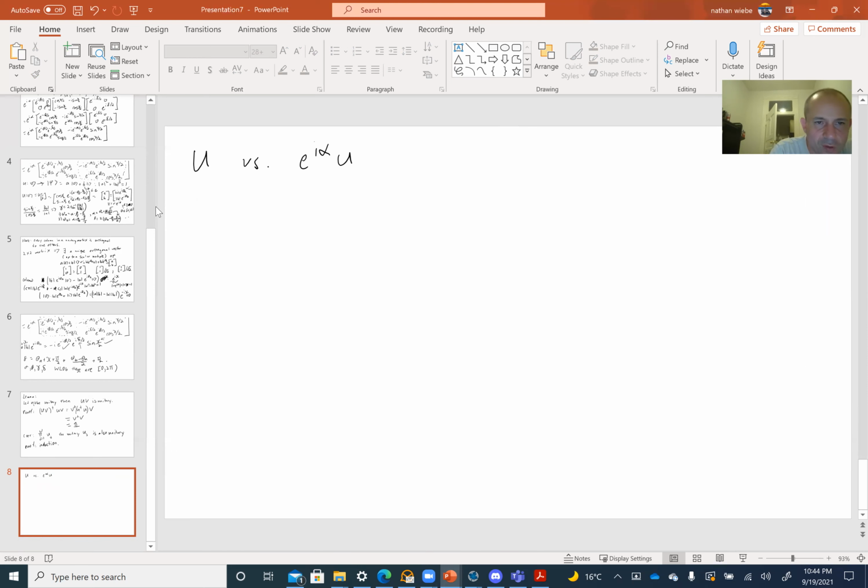The probability p sub x is just going to be equal to the absolute value squared of x U0, versus the absolute value squared of x e to the I alpha U0.